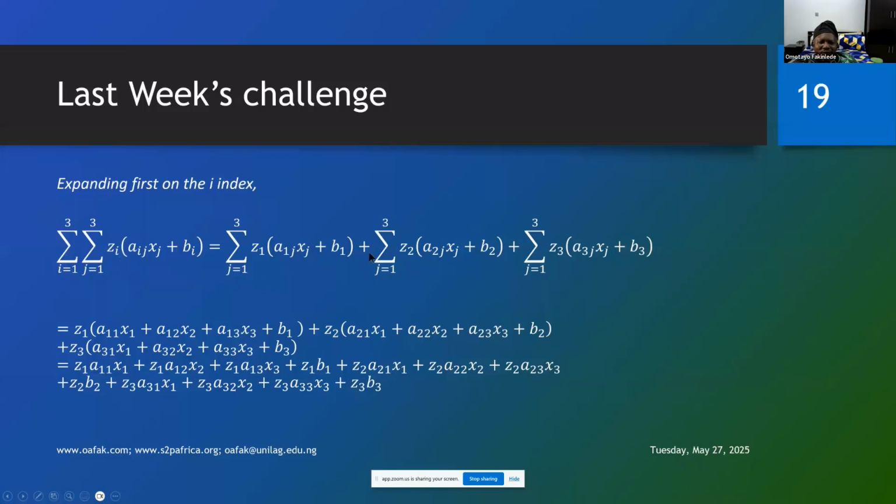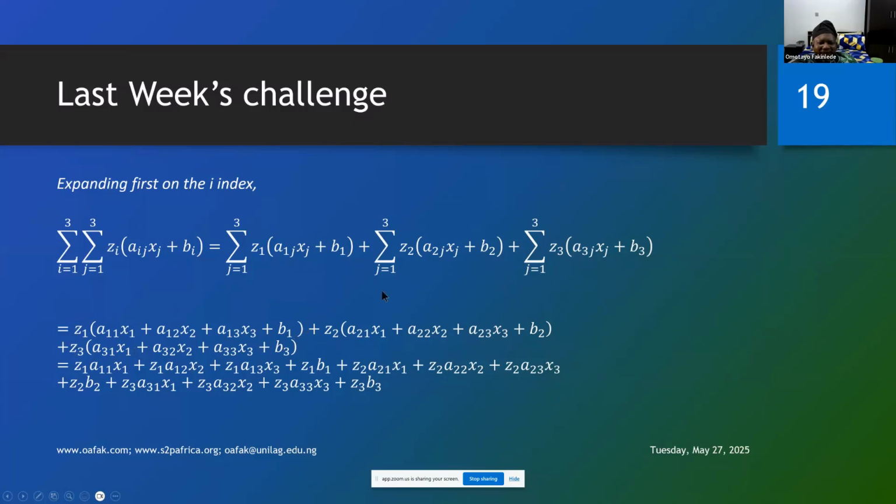When I takes the value of 2, J is still quiet, but you have Z2 here, A2 here, B2 here, because all the values of I have changed to 2. Similarly, in the third case, all the values of I have changed to 3, and you have this term. Now, if you open each one by expanding along J, you have exactly the same expression we had before.